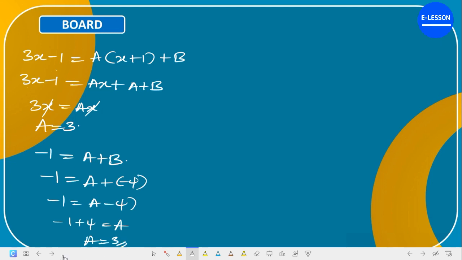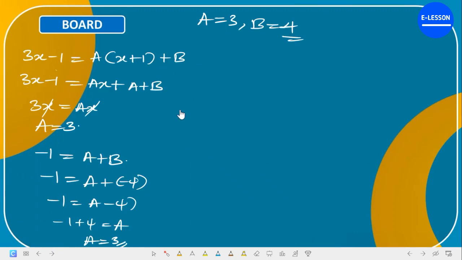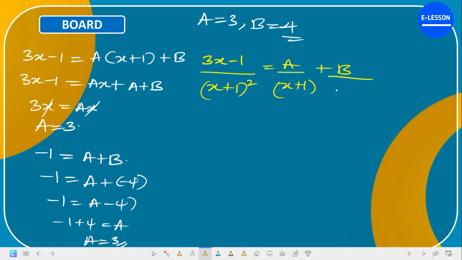So you can get A in two ways. In this case, our A is 3 and our B is minus 4. Now, initially we said 3S minus 1 all over S plus 1 squared is equal to A all over S plus 1 plus B all over S plus 1 squared.